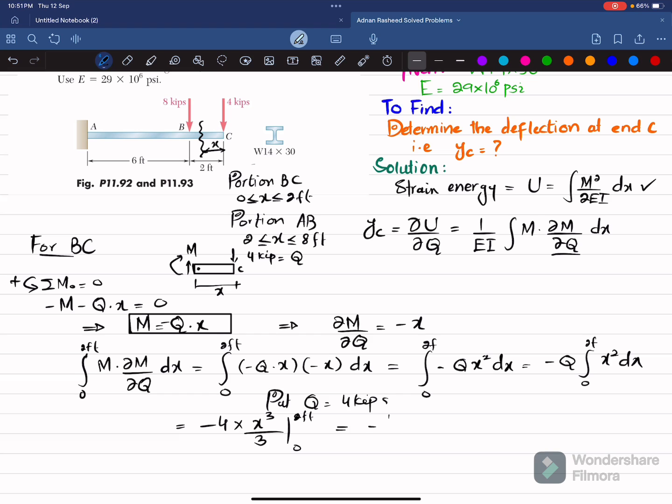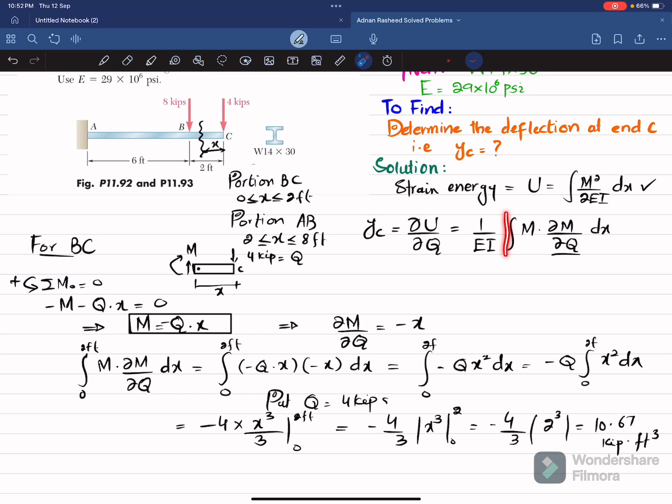So that will be equal to minus 4 by 3 times x cubed from 0 to 2 feet. So minus 4 divided by 3 times 2 cubed minus 0 cubed. When you calculate it, it will be equal to 10.67 kips into cubic feet. Now we have only found this term for portion BC.